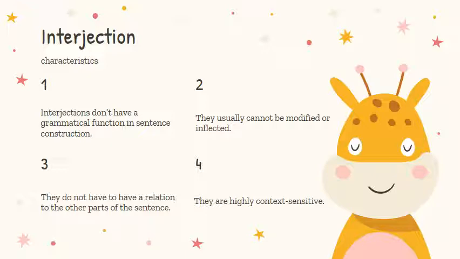They usually cannot be modified or inflected. Rule number 3. They do not have to have a relation to the other parts of the sentence. And rule number 4. They are highly context sensitive.